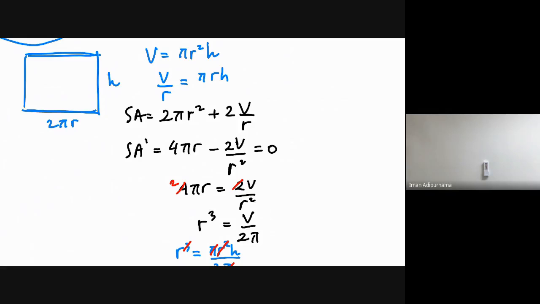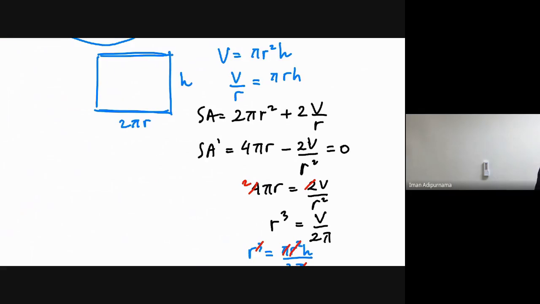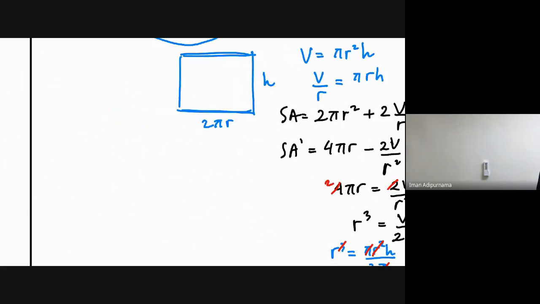Usually, if you get models like this one, it's easy to derive, right? It's not too difficult. But what if your model is like a distance? For example, the distance is the square root of x minus 2 squared plus y plus 8 squared, and you need to make this minimum or maximum.